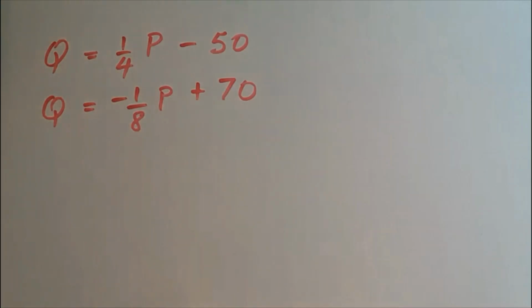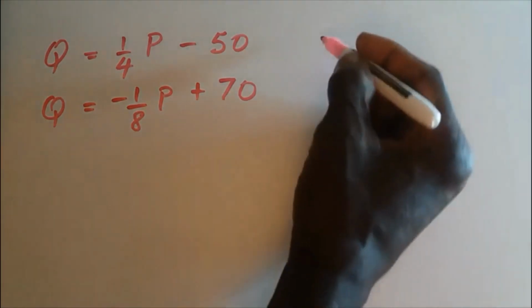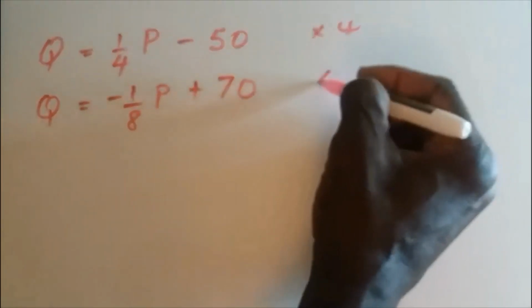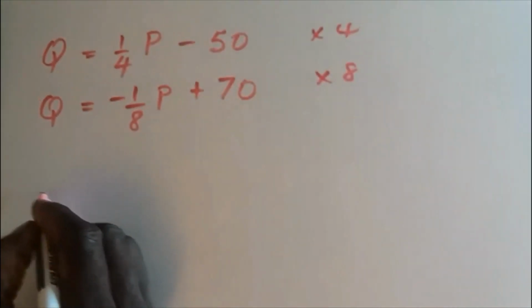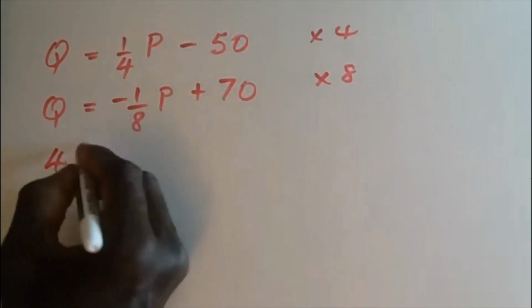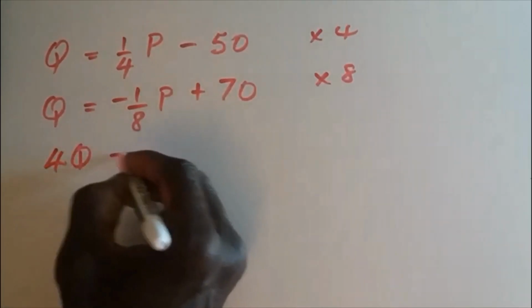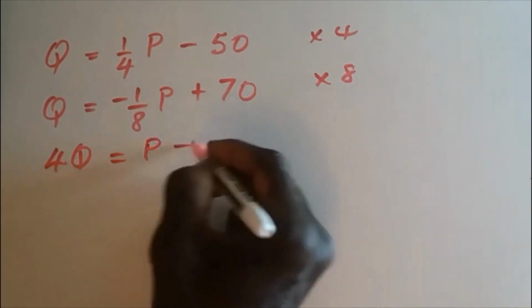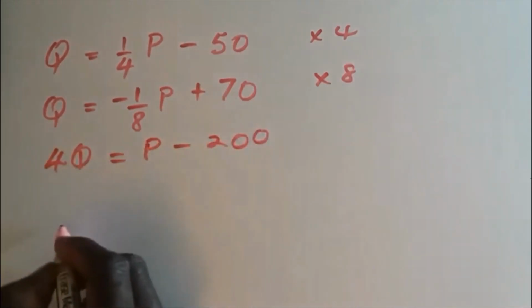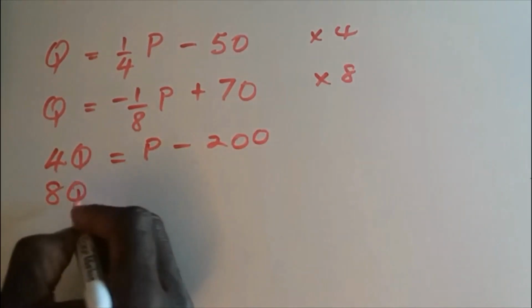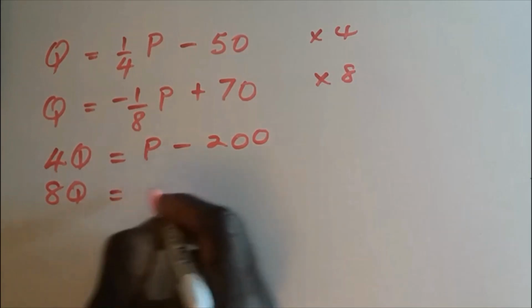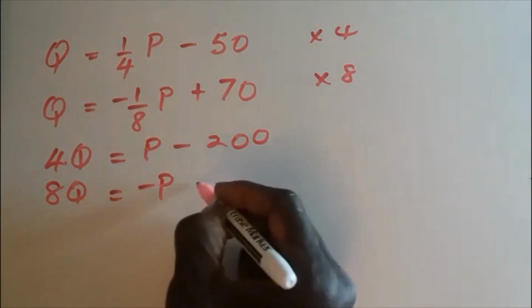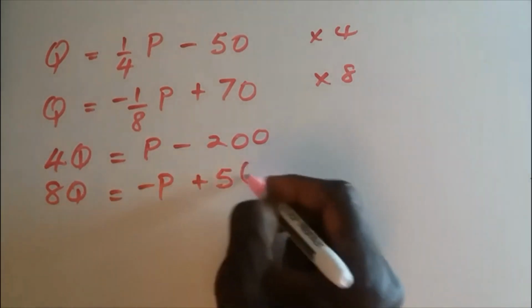So first we want to get rid of a fraction, so we'll multiply this equation by 4 and this one by 8. And what we have is 4Q is equal to P - 200. And this is 8Q is equal to -P + 560.